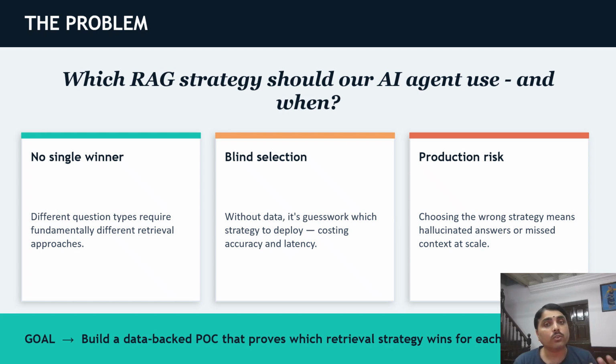Without data to back the choice, teams default to vector RAG for everything and leave accuracy on the table. The goal strip at the bottom states the POC objective: prove which strategy wins per question type with real numbers.